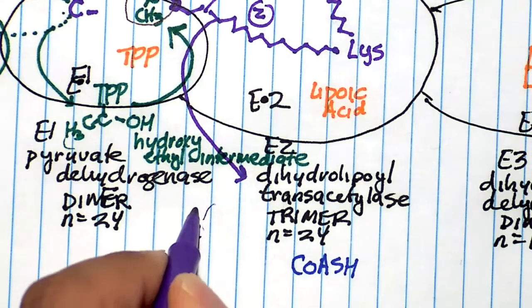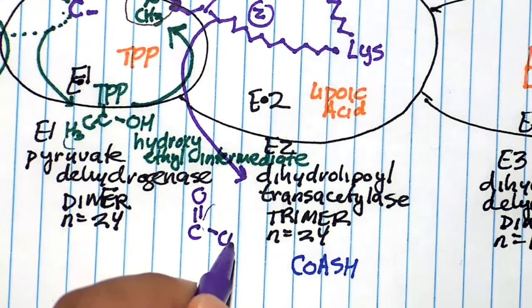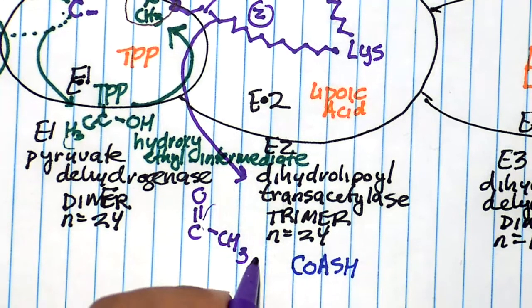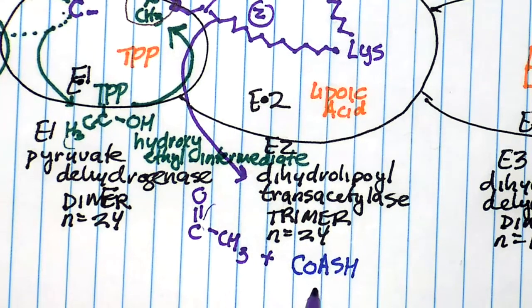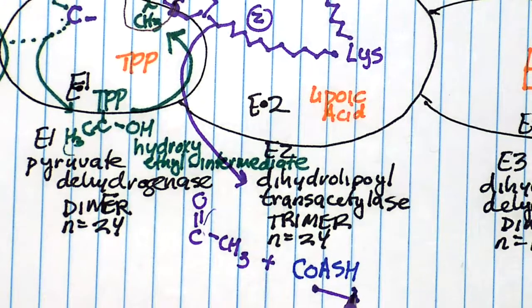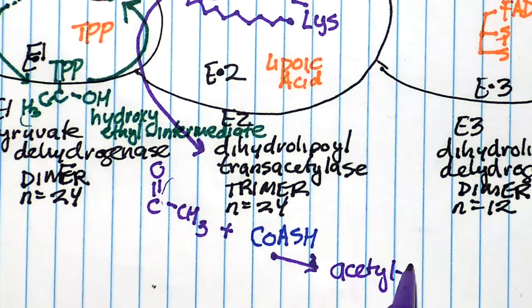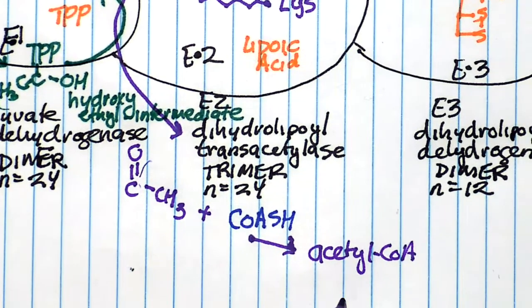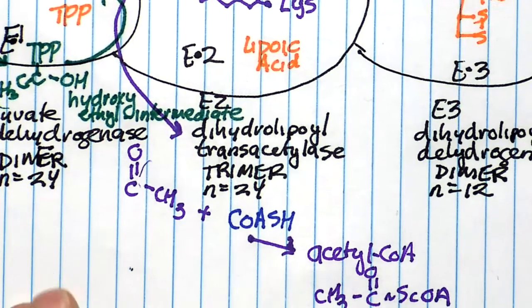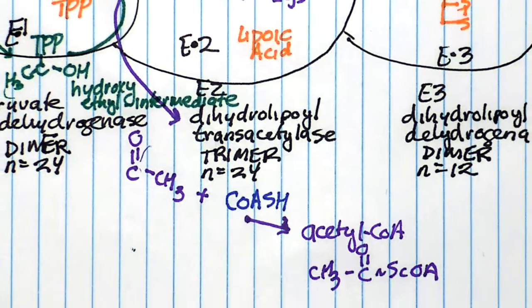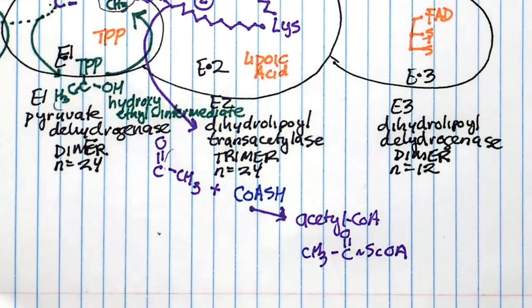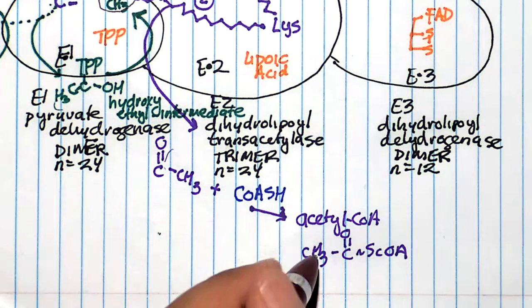So it goes to coenzyme A, and that produces our first product here, acetyl-CoA.